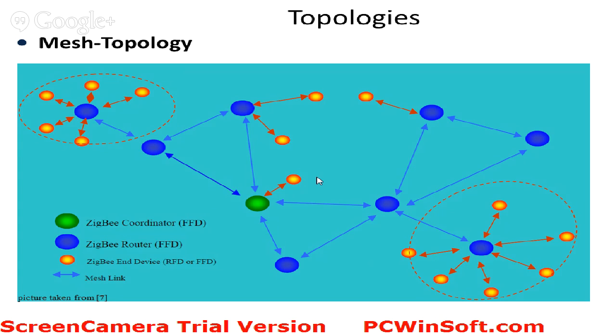It is connected to routers 1, 2, 3, and 4. These routers have their further children. Here you can see these are the child routers 1, 2, 3, and 4. Since this is a mesh, two child routers at the same level can communicate between them.